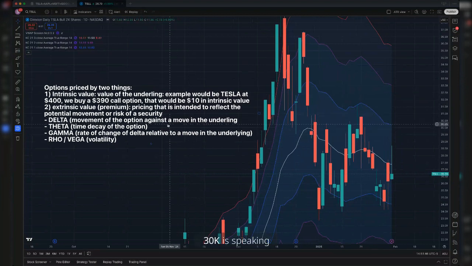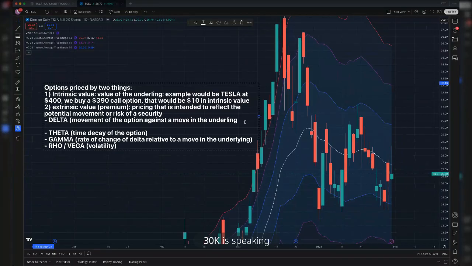Okay, so talking about delta, this is typically reflected as a number between 0 and 1. If the number is 1, it means that the option is moving fully in sync with the underlying security. That means no explosive movement; it's just moving with the underlying.